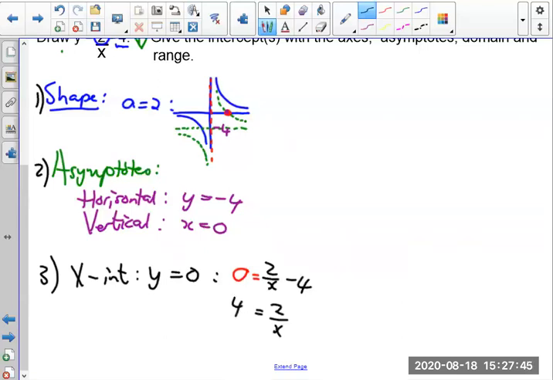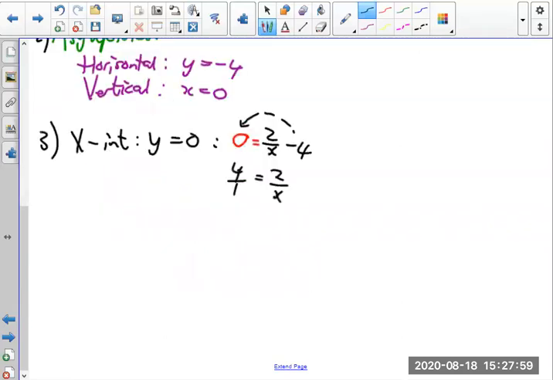Take the 4 to the other side and make the 4 a fraction, because if you're busy with fractions, it's easier if you make everything fractions. So make the 4 a fraction by putting it over 1 so that you can cross multiply. 4 times x is 4x equals 2. So that means x equals 2 over 4, which is a half.